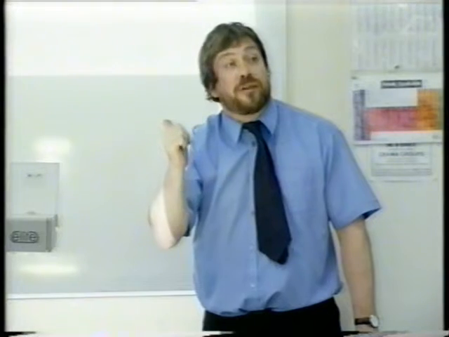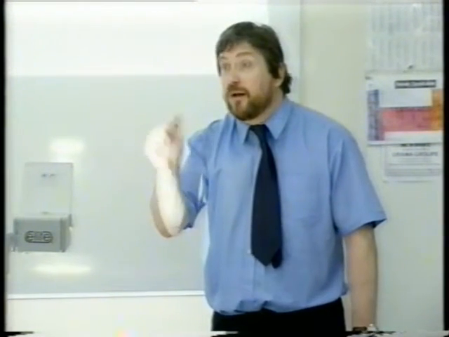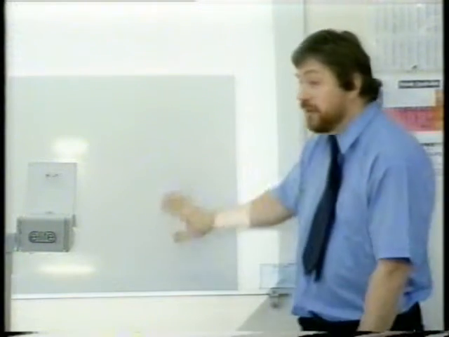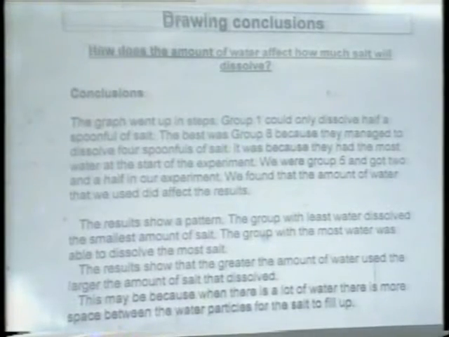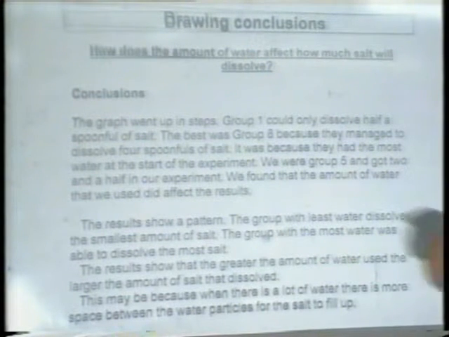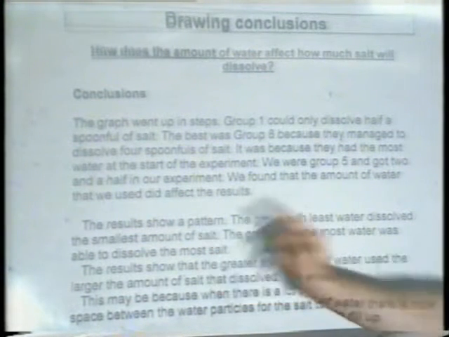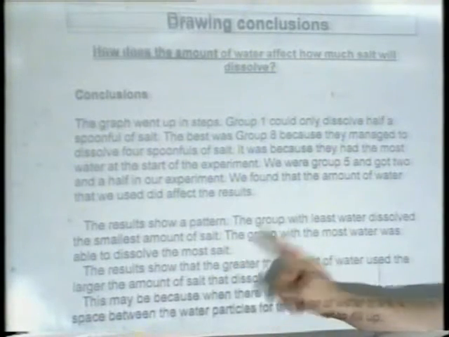Somebody else wrote this one, and I think that this is much, much better. Think about why. Here's the next one. I'll read it out just in case it's shining at the back. It says, the results show a pattern. The group with the least water dissolved the smallest amount of salt.